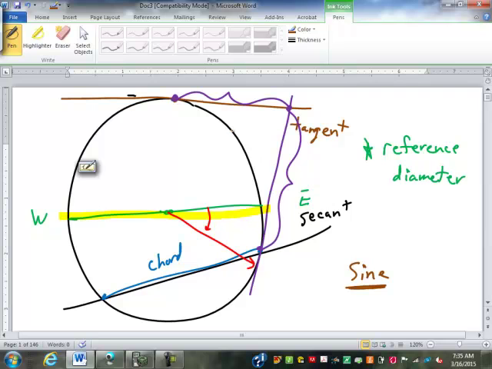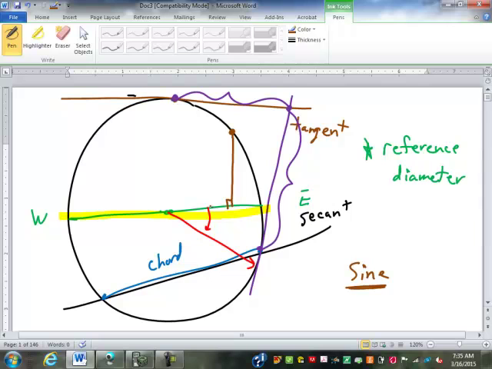For example, if I pick a point right here, the sine of that point is the segment that connects that point to the reference diameter, always connecting at a perpendicular, at a right angle. Technically, the sine is actually the distance from that point to the reference diameter. And distance in geometry is always measured at a perpendicular.